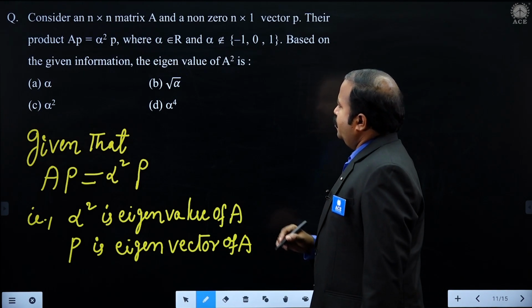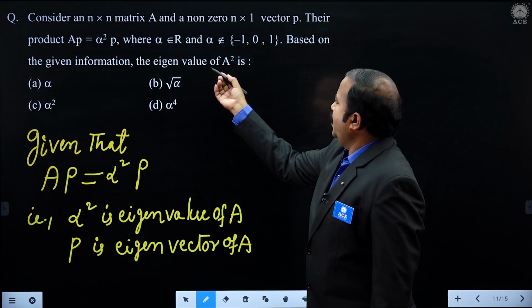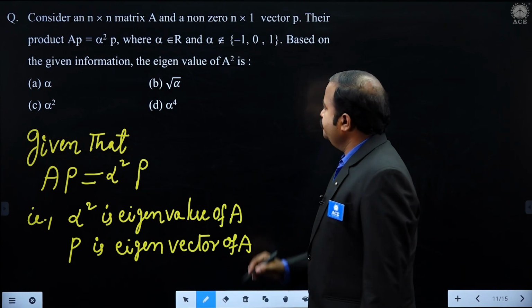Now the question is, what is the eigenvalue of A square?